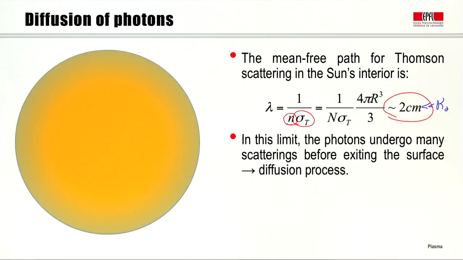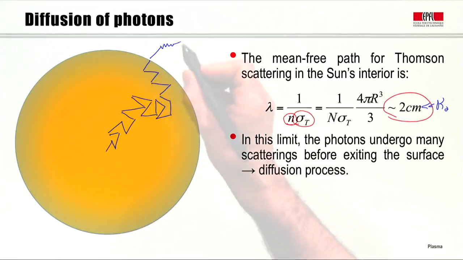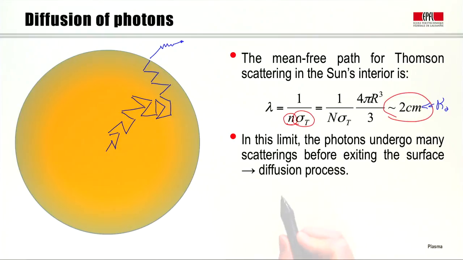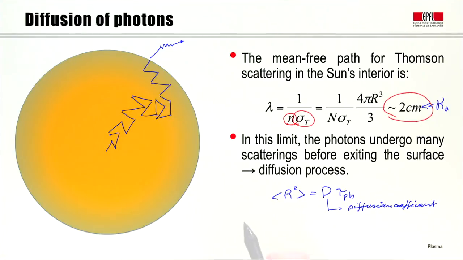In this limit, the photons undergo many scatterings before exiting the surface. We can represent this process as a diffusion process. The spreading of an ensemble of photons that undergo a diffusion process can be represented in the following way, where D is a diffusion coefficient. The diffusion coefficient can be computed as the ratio of the mean free path between two collisions divided by the effective time between these two collisions.